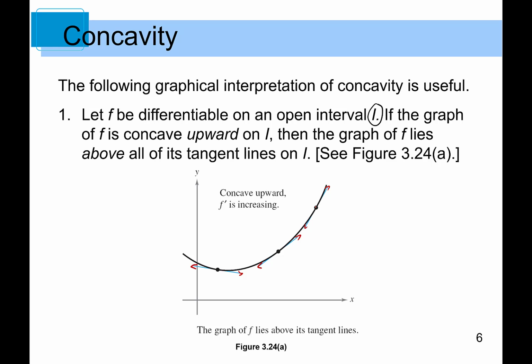If you look at the values, they start negative, become positive, then bigger positive values. So the slope of the tangent line is increasing in this case.